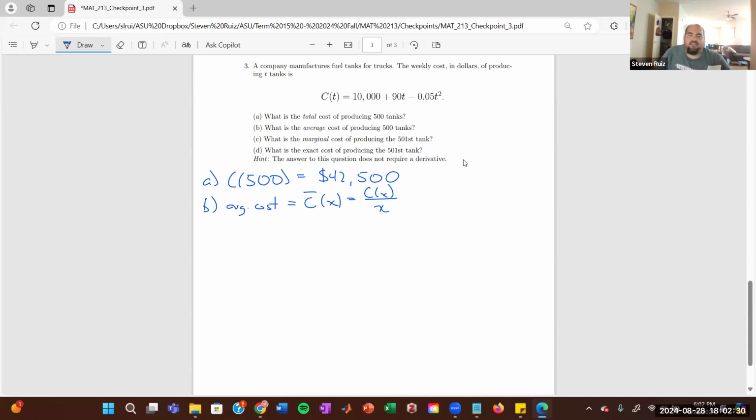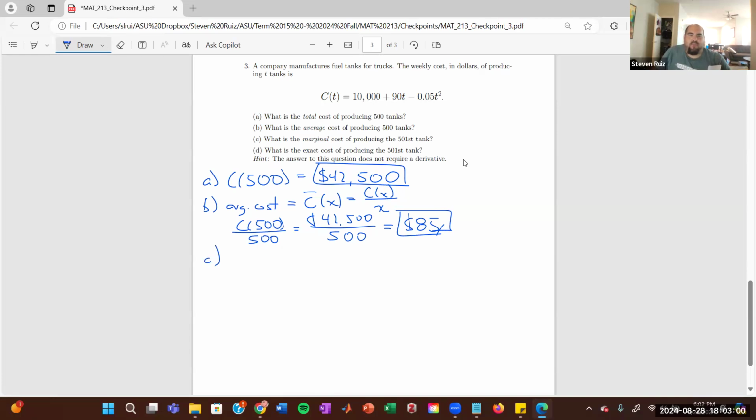In this case, I want C of 500 over 500. I know the total cost because I just found it: $42,500. If I divide that by 500 units, I get an average cost of $85. So when I make 500 of these things, each one on average costs $85 to make.